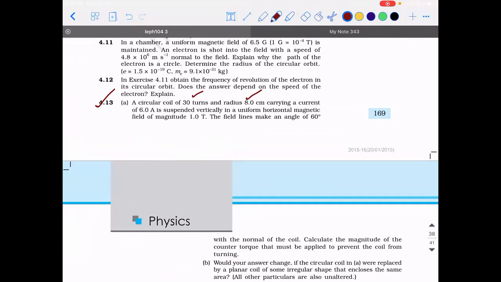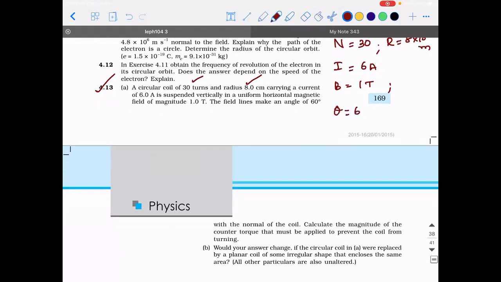There is a circular coil of 30 turns and radius 8 into 10 power minus 2 meter carrying a current of 6 ampere, suspended vertically in a uniform horizontal magnetic field of magnitude 1 Tesla. The field lines make an angle of 60 degrees with the normal of the coil. So theta is equal to 60 degrees. Calculate the magnitude of the counter torque that must be applied to prevent the coil from turning.